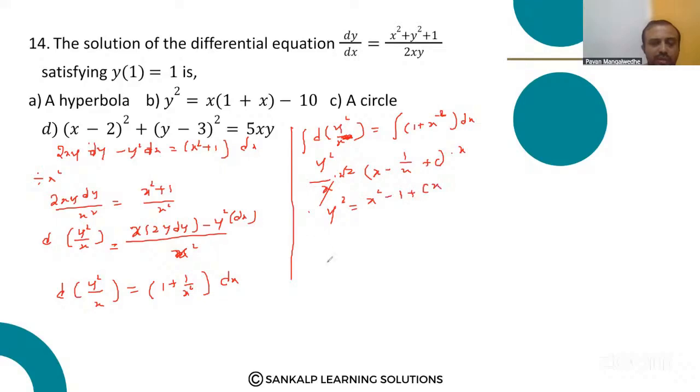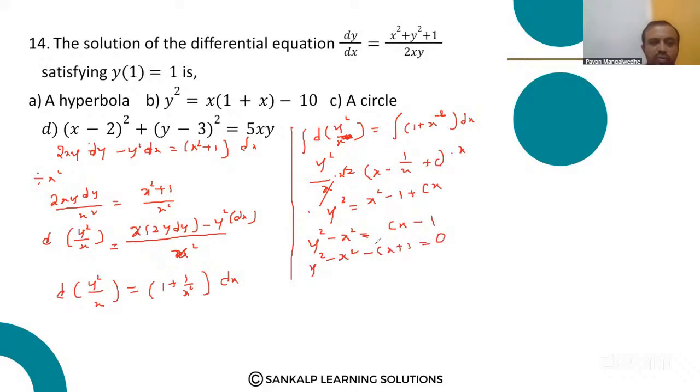Everywhere you need to multiply. On transposing, it is y square minus x square minus cx plus 1 equals 0.